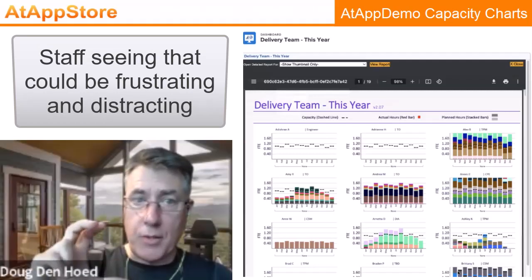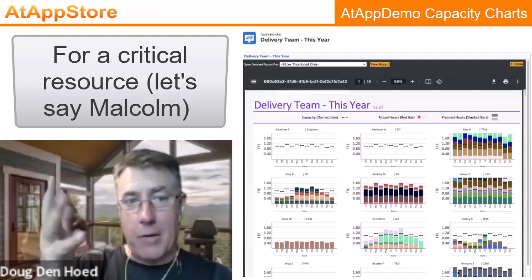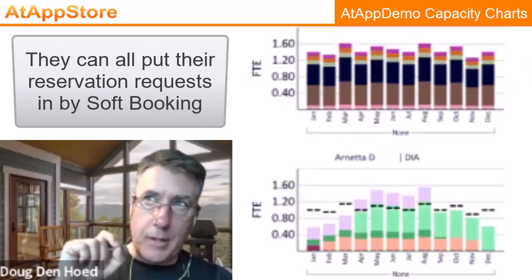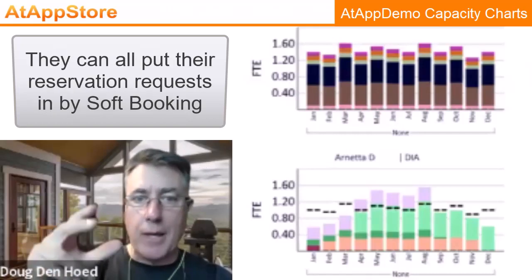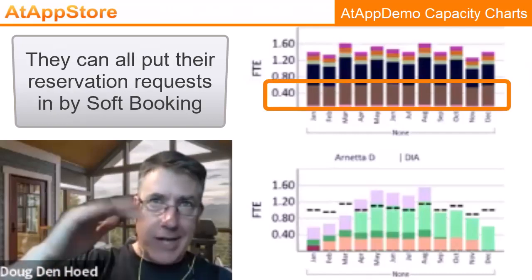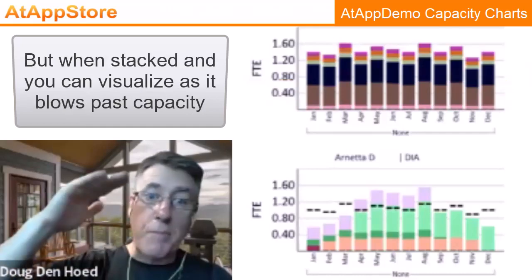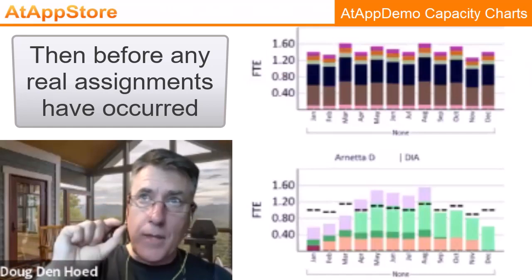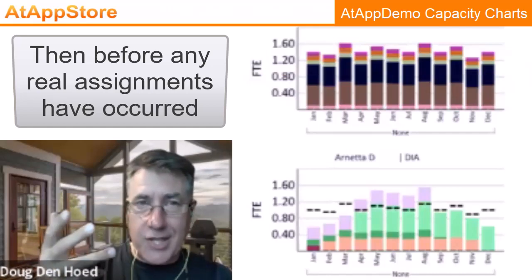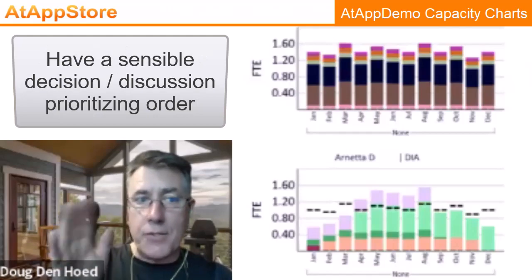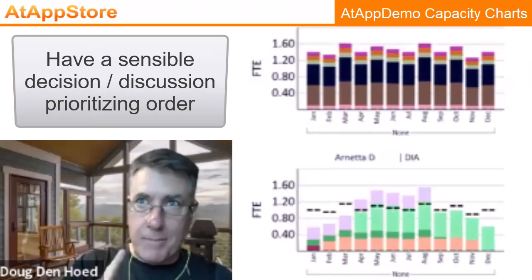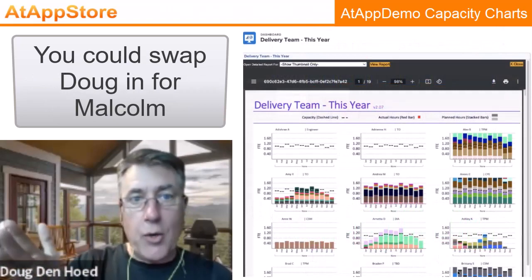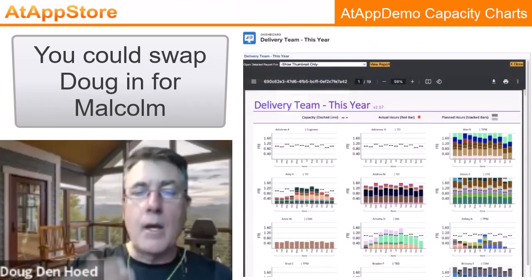If you have someone who's a critical resource, so everybody wants to grab, let's say Malcolm, because he's the best at whatever he's doing, they can all put their reservation request in by soft booking his time. But when that then gets stacked and you can visualize how much it blows past his capacity, then before any real assignments have occurred, you can have a sensible discussion, prioritizing which of those happen in which order, which projects might need to be delayed, which ones could be substituted, and you could swap Doug in for Malcolm and have the progression continue even if it's not their first pick, and so on.